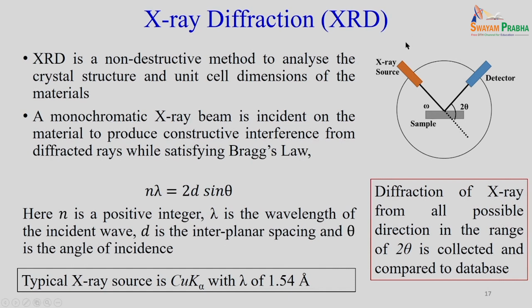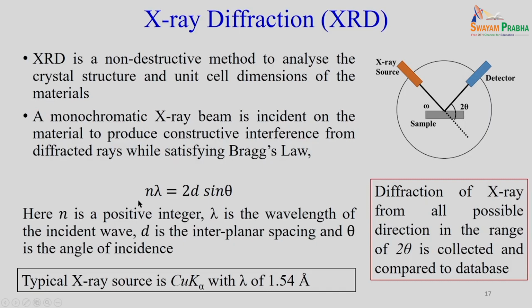this monochromatic X-ray beam is coming on the sample and its diffraction is recorded here, and this diffraction satisfies Bragg's law, which says n lambda is equal to 2d sin theta.